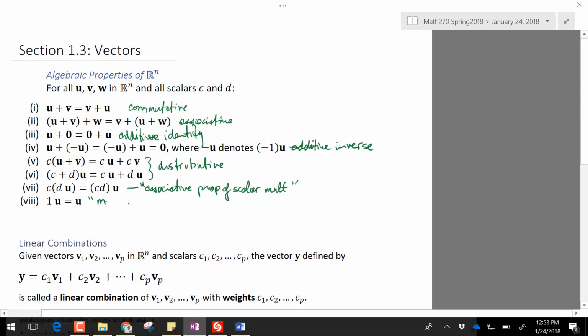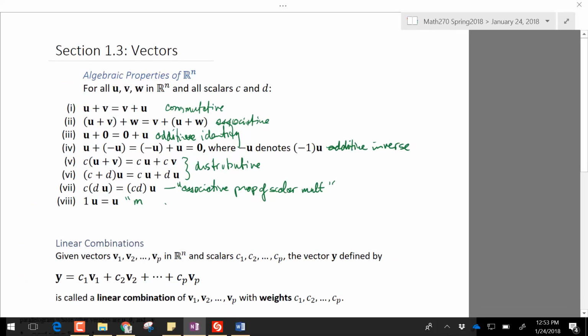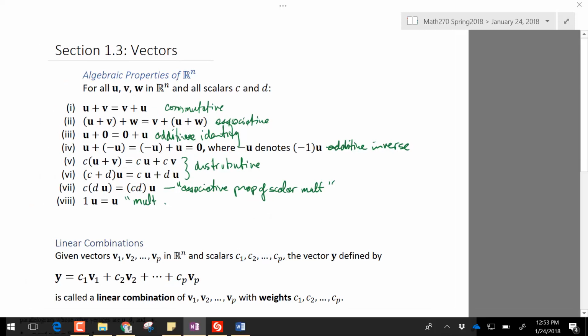Traditionally, this has been called the multiplicative identity. But since this is a special case, I'll put in quotes for scalar multiplication.